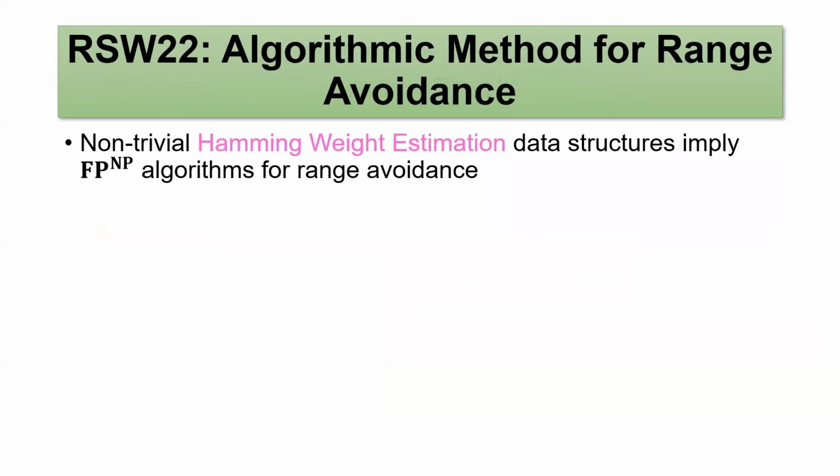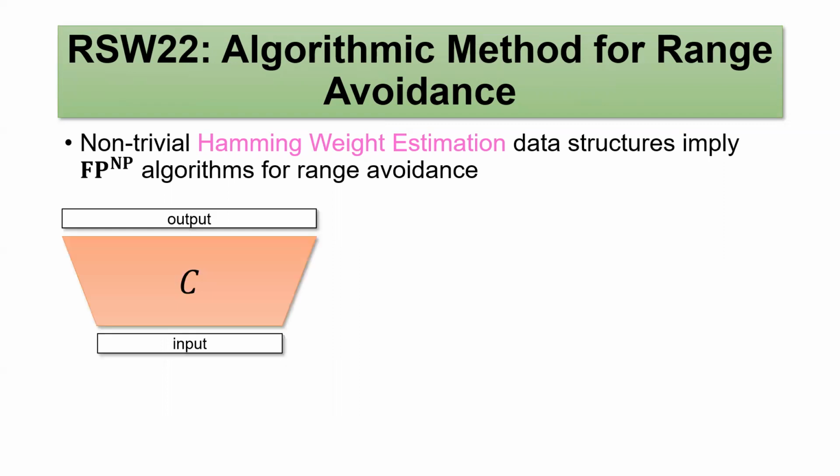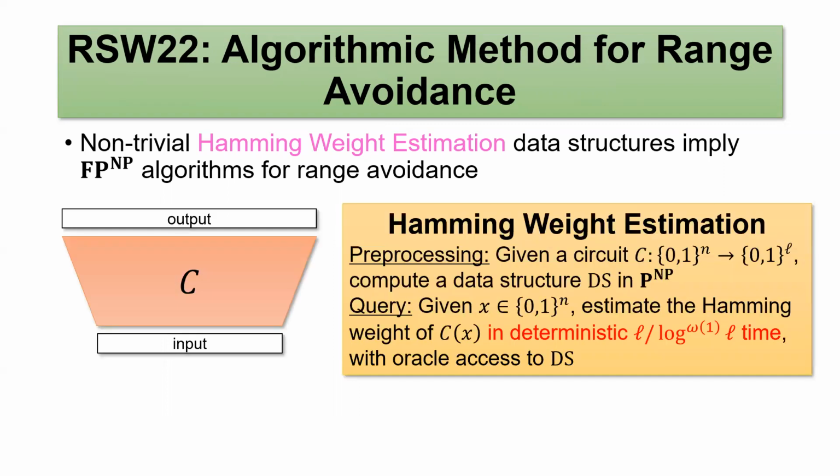In the last year, a work by Hanlin, Rahul Santhanam, and Zhikun Wang generalized the algorithmic method to range avoidance. They showed that a non-trivial algorithm for a problem called Hamming weight estimation implies an FP to the NP algorithm for range avoidance. Hamming weight estimation is a problem that, given a circuit C and a string x as inputs, estimates the Hamming weight of C of x.